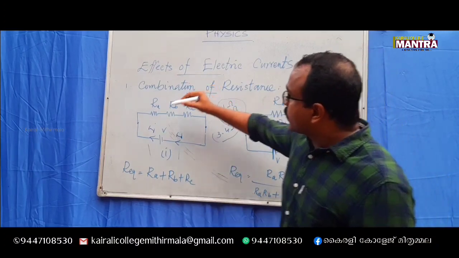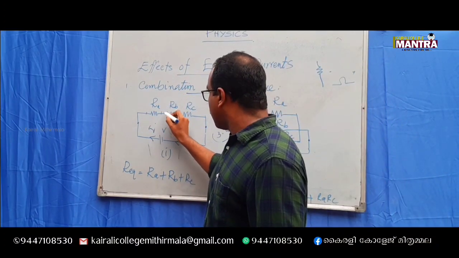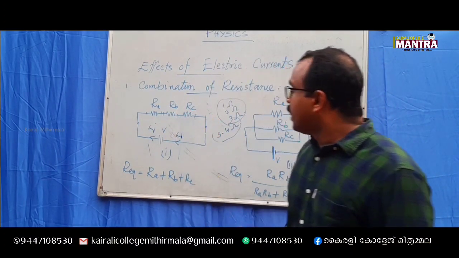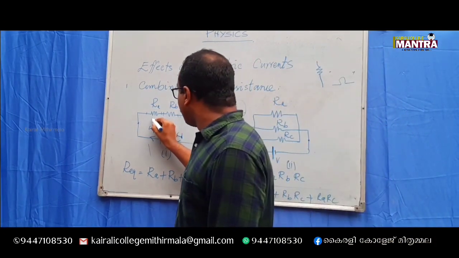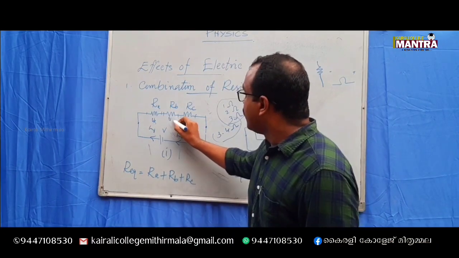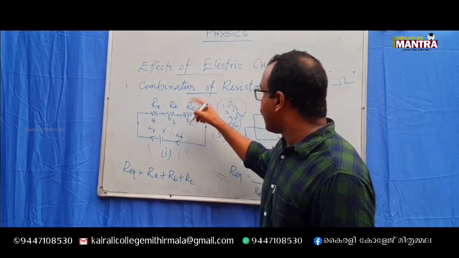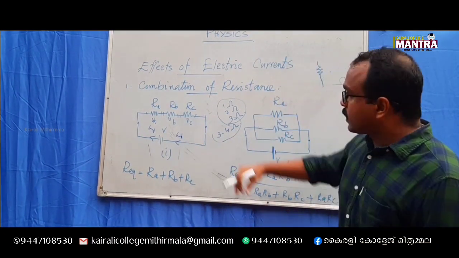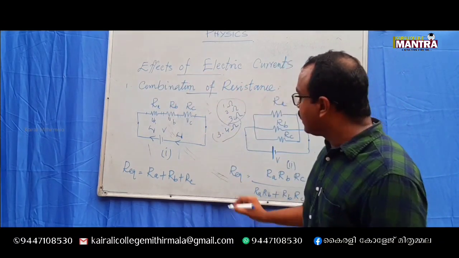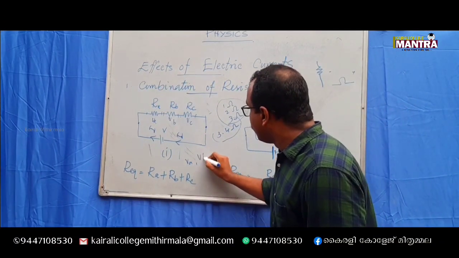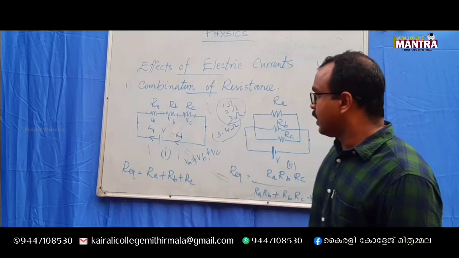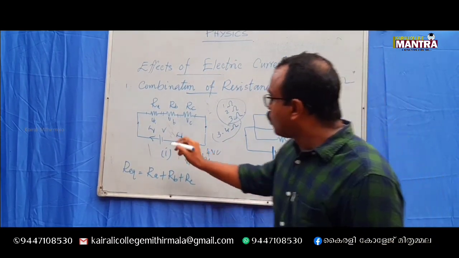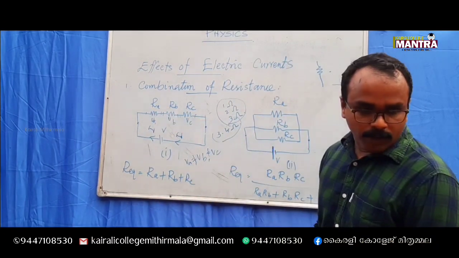However, if you measure the voltage across any of these circuit elements, you can see that the voltages will be different. Suppose we have VA across RA, VB across RB and VC across RC. If you measure the voltage across these terminals, you can see that VA, VB, VC are different. VA not equal to VB not equal to VC. But the current through all these elements will be equal.